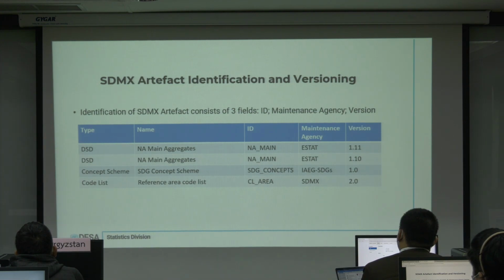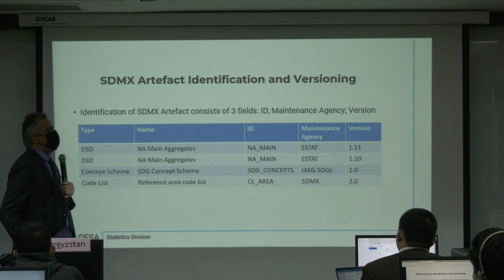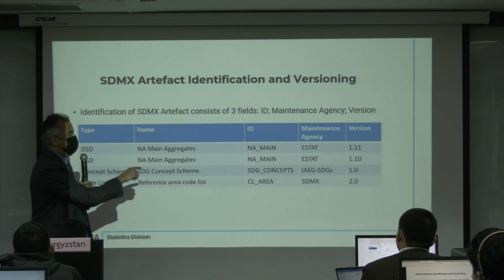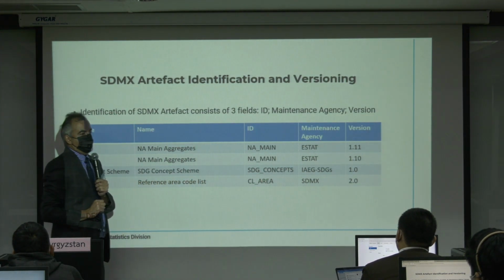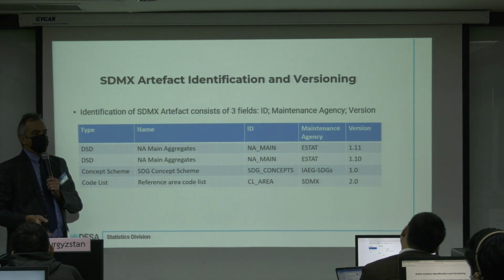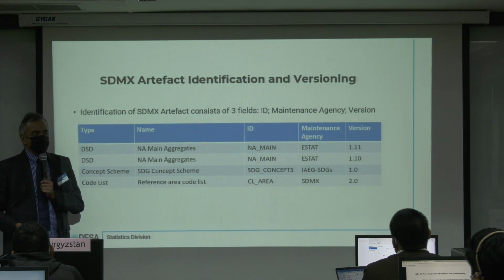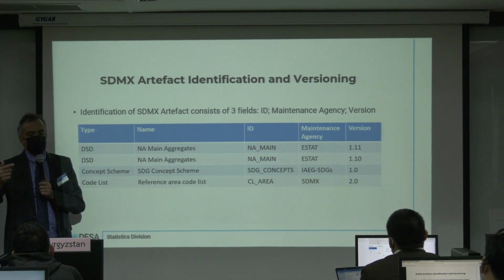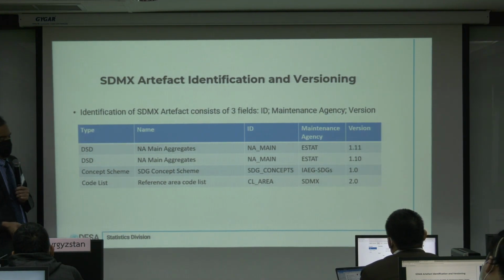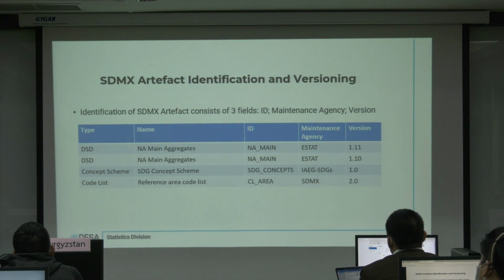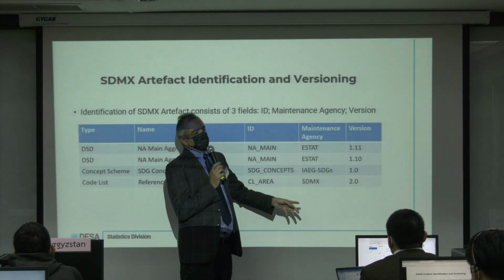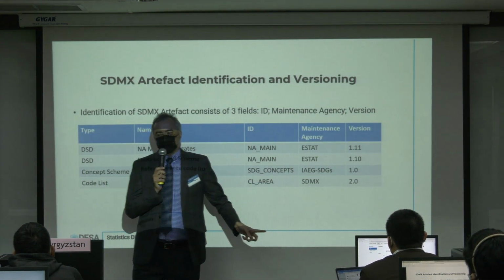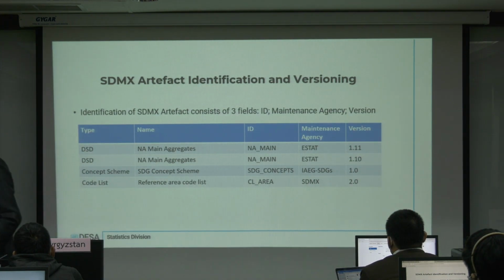Whenever you update an SDMX artifact, you must update at least one of these. Because whenever you're making any update to an artifact, that makes a new artifact. And if you don't change the identity, you're asking for trouble. So, this is particularly relevant to the customization of the SDG data structure definition.